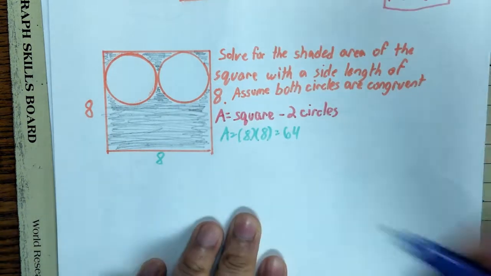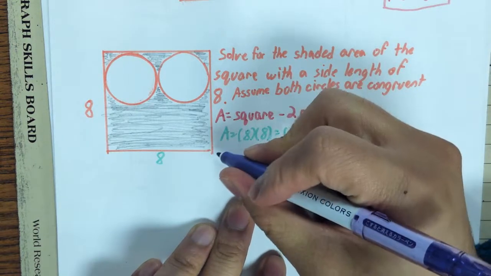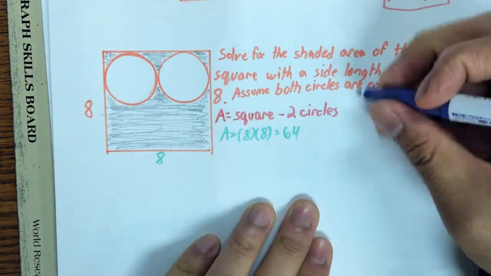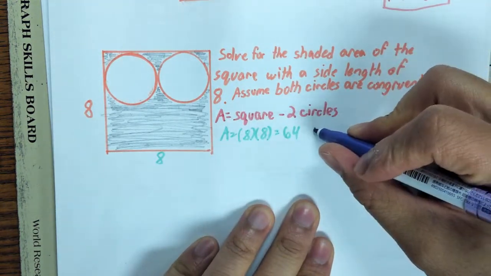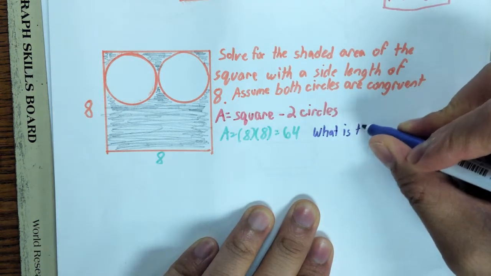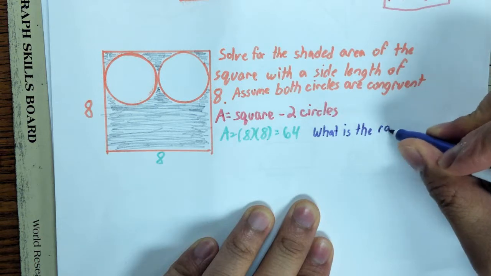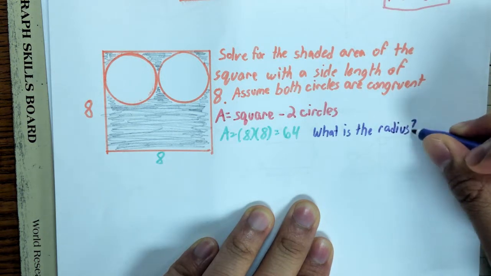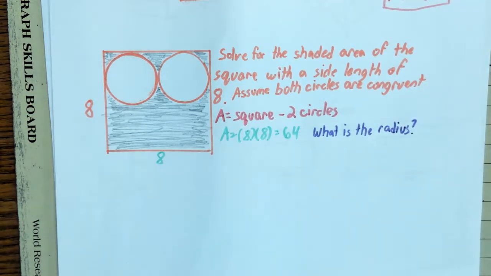For the circle, we first need to ask, what is the radius of that circle? So here's how we approach this problem.